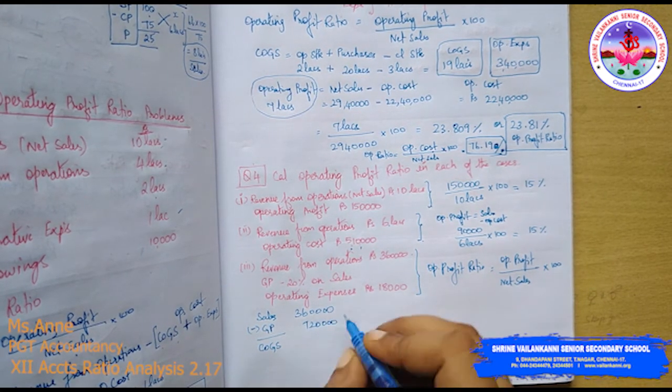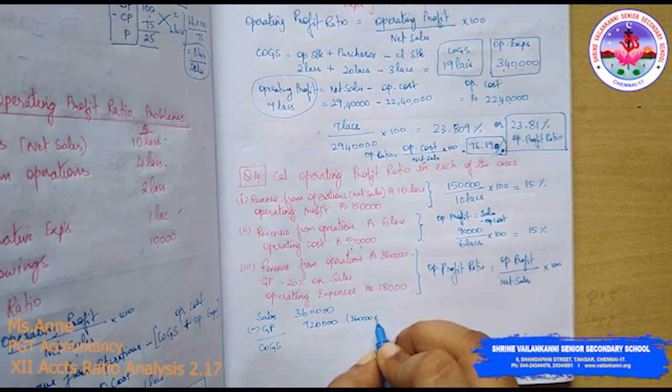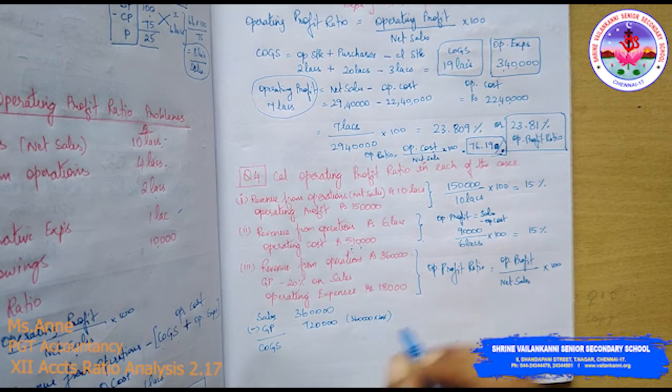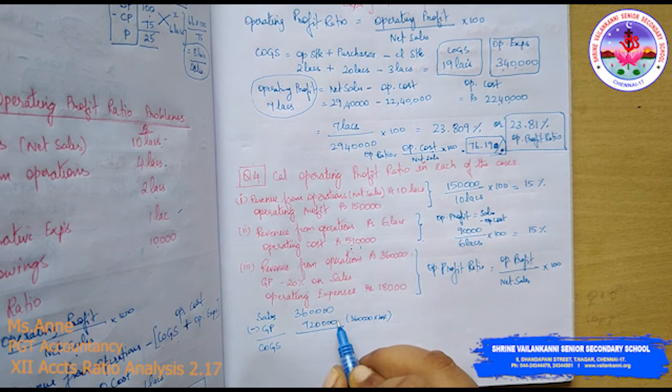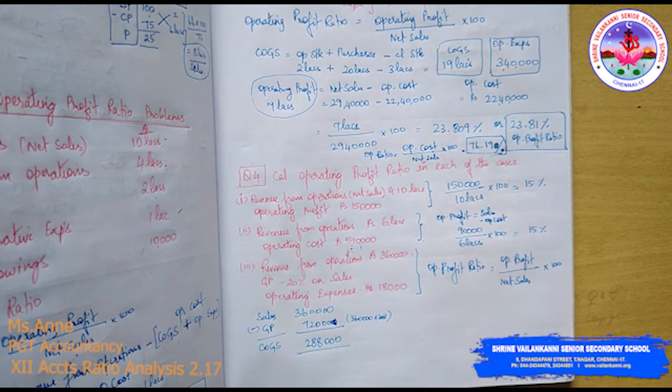How did I get this? 3,60,000 into 20% is gross profit. So if you deduct 3,60,000 minus 72,000, this is not 7,20,000, this is 72,000. So 3,60,000 minus 72,000 will be 2,88,000, which is your cost of goods sold.